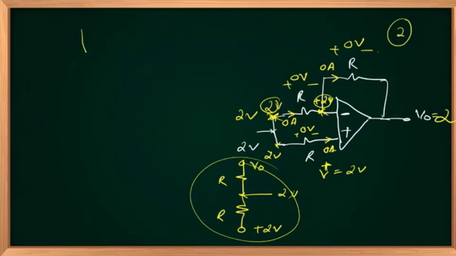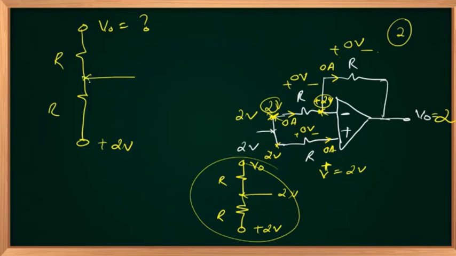Or the other way, if you are confused, this is positive 2 volts. This V out I have to identify, with equal resistors, and I know that this node voltage should be 2 volts. How to find that? No current to this branch, it's open.